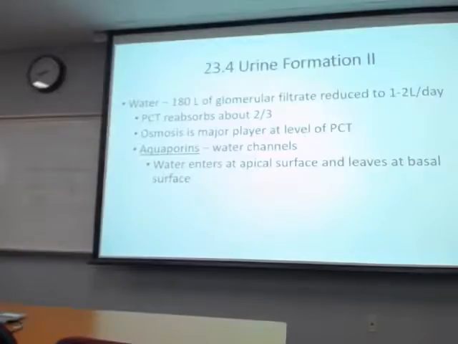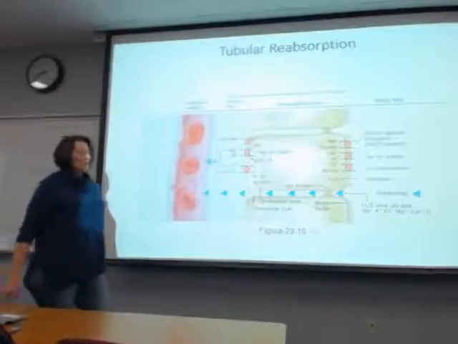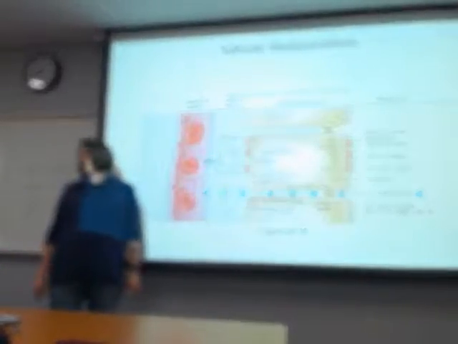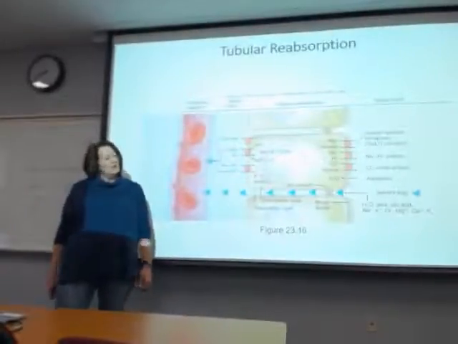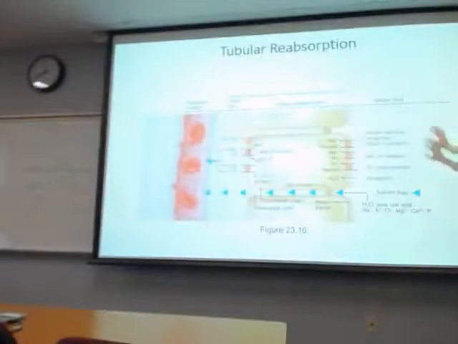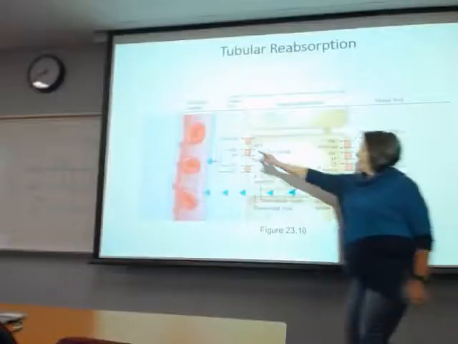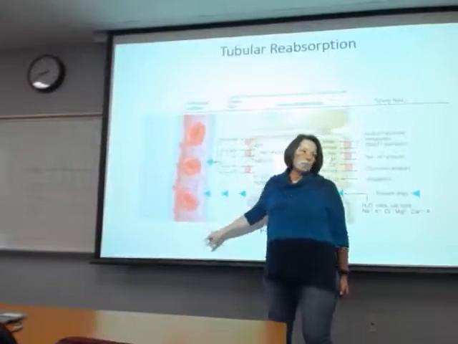So urine formation 2, we get to the point where the biggest goal is to help return the water, help get electrolytes back. So this is what would happen with the cellular structure and the relationship to the blood vessel.